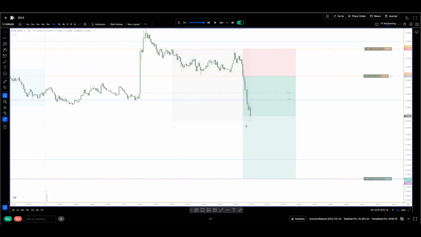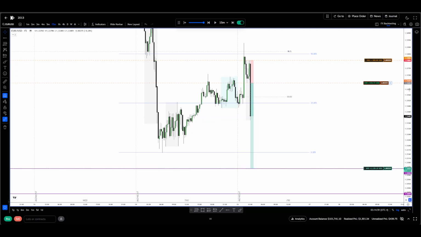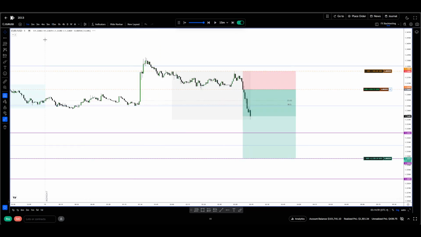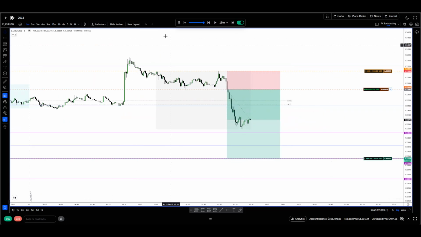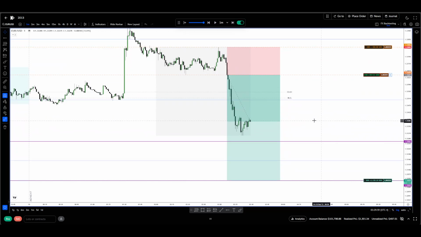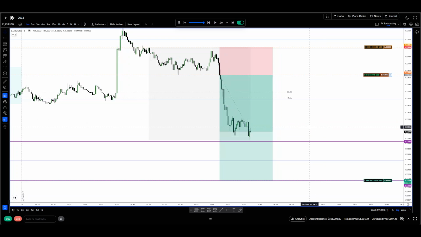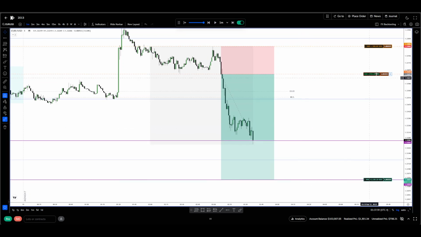Let's see on the 15 where we are. Okay, so obviously this is the original consolidation. So maybe it's better to take a partial off somewhere around here. Or go break even or whatever. Let's see if, oh, so annoying. Okay, right there. So I can do two things.